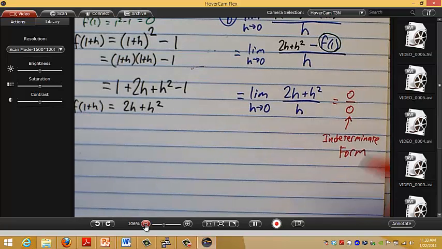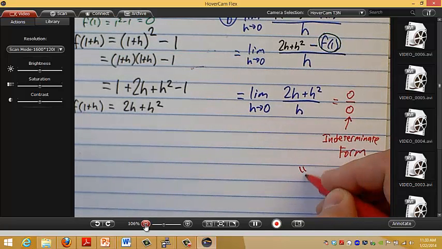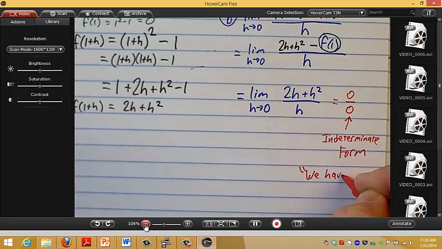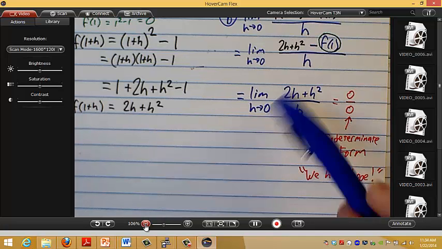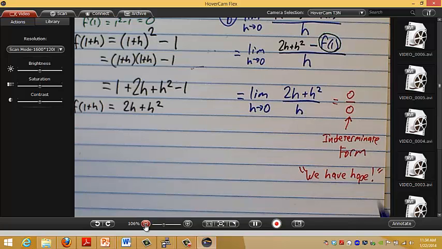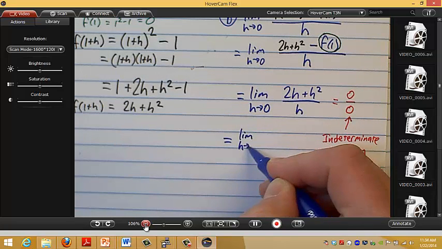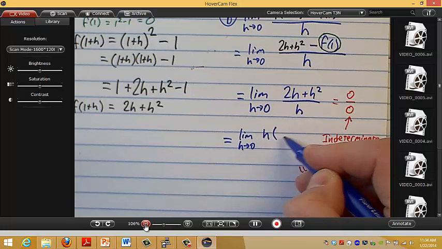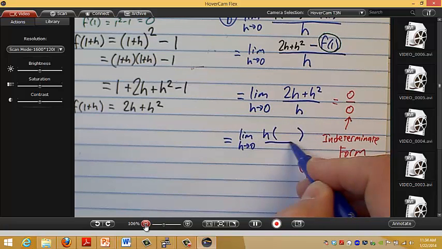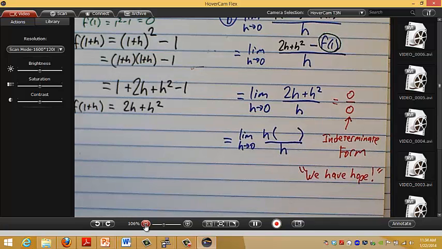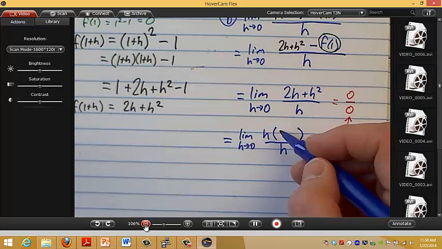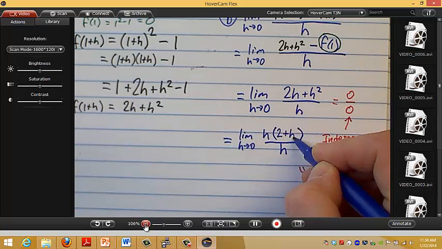This 0 over 0, there's the word, indeterminate form. And so what it means to my calc students is we have hope. Maybe you can actually compute this limit. And it turns out you can, if you do the following. I'm going to do a little algebra. I'm going to factor out an h from the numerator. What would be left if I factored out the h? 2 plus h. Now, why did I factor out the h?